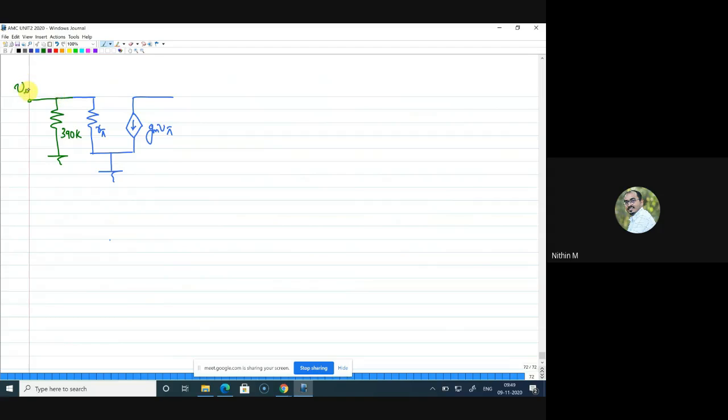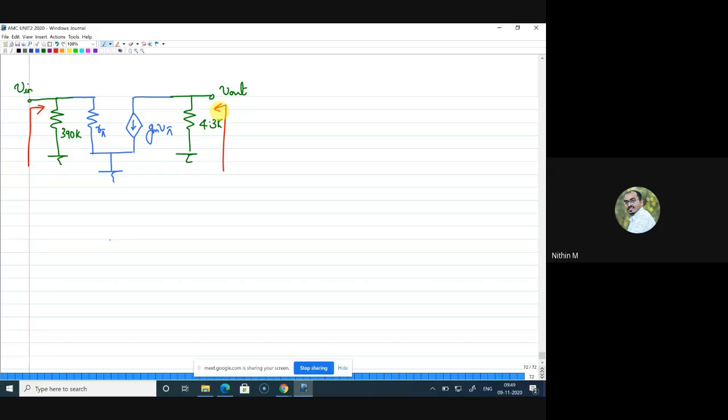Then this is V in. At the output, since R0 is infinity, I can add only this resistance, which is 4.3k, which is V out. Right. Now your input impedance is the impedance seen from here. Output impedance is the impedance seen from here.